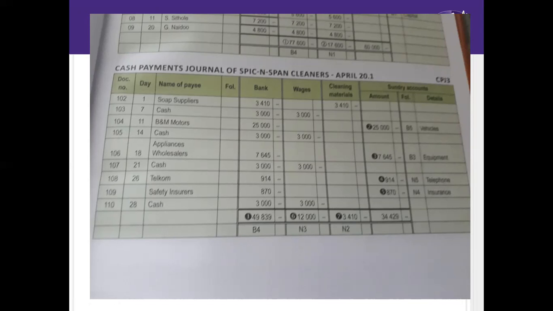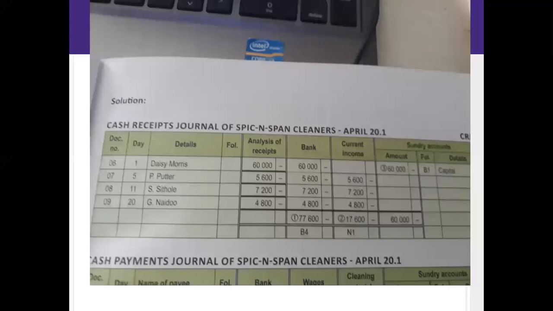Okay, getting back to the CRJ, let's recap on that one. With document number, in this case, every time it was a receipt. Day is the day on which the transaction happened. Details is the name of a person from the transaction. Then the amount. In this case, every time the amount was with analysis of receipts that we see as the safe of the business, bank, and then it was depending.